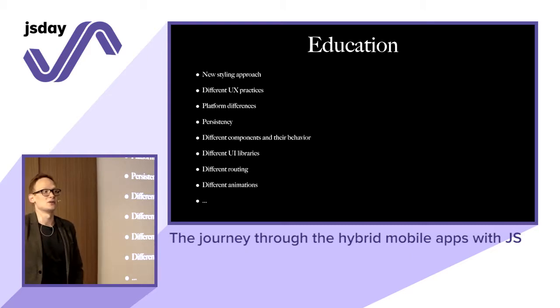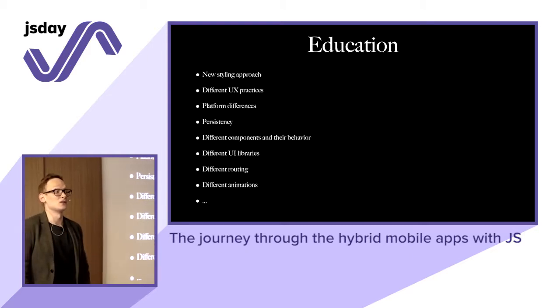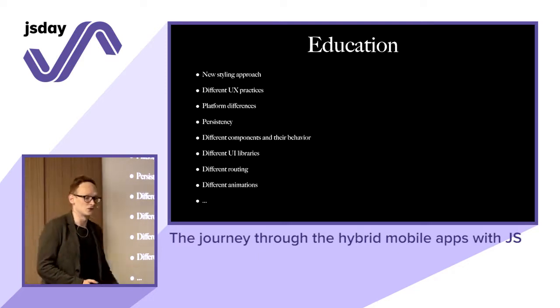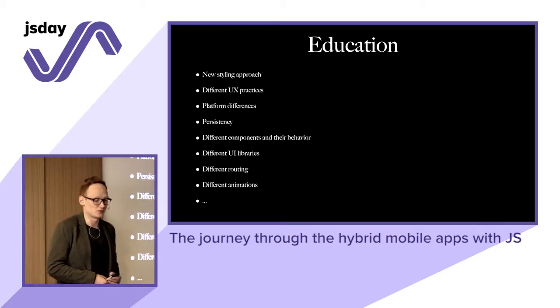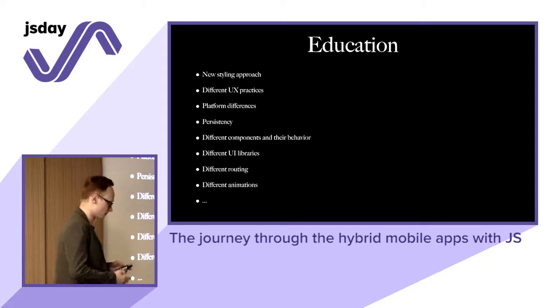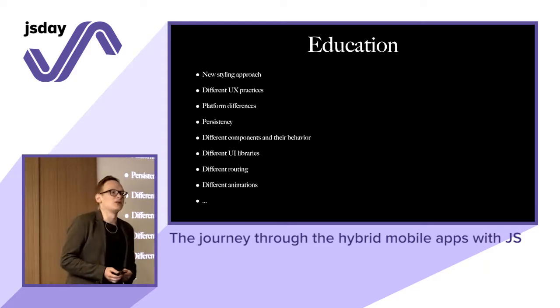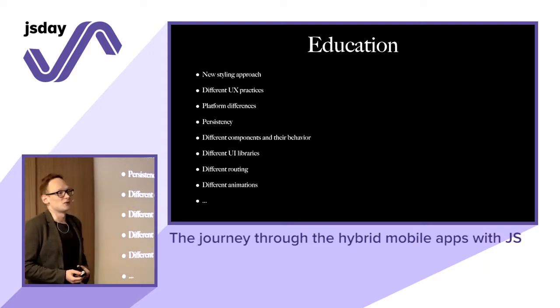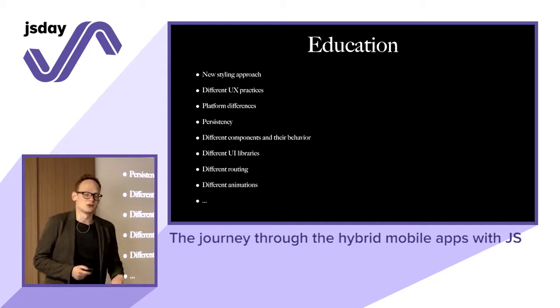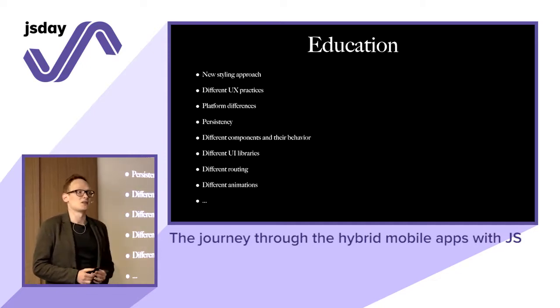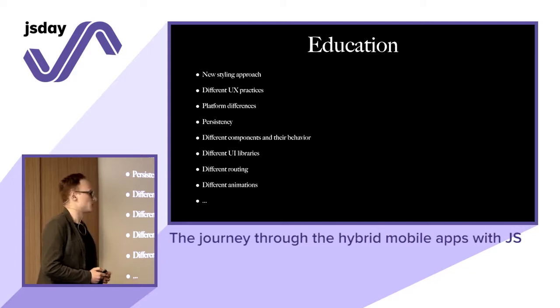As a web developer, I didn't know in the very beginning what a scroll view is and how it's different from a list view. I also need to learn it to maintain reasonable performance, because they differ, especially in performance. Routing is different. There is no HTTP history API like this, and you need to learn it from the very beginning. Animations are different, and sometimes not everything is possible.